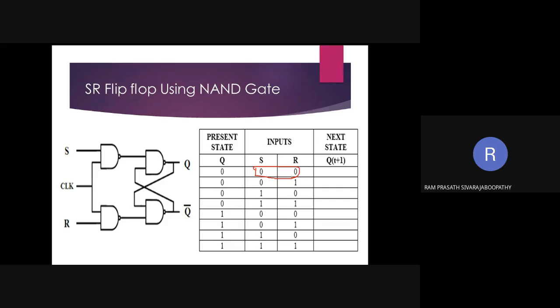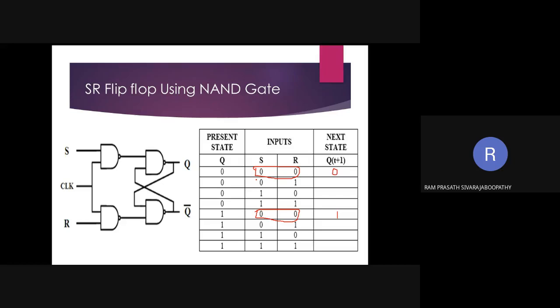Memory state. What does memory state mean? Whatever the present state is, that is the next state, 0. Similarly, consider this case. SR equal to 0 0, present state 1. So next state remains the same, 1.